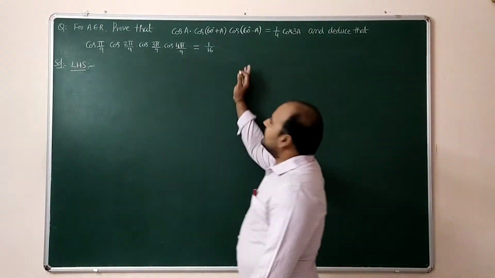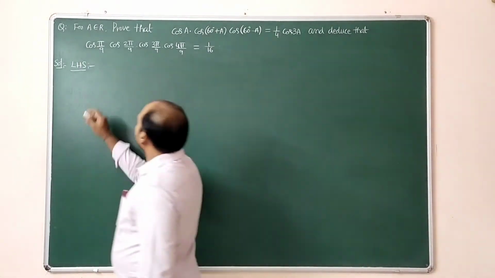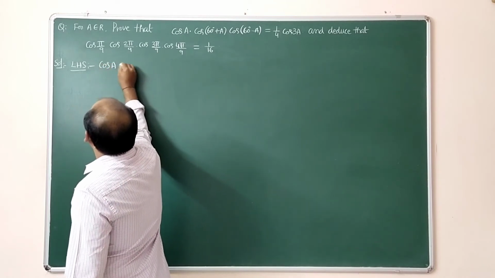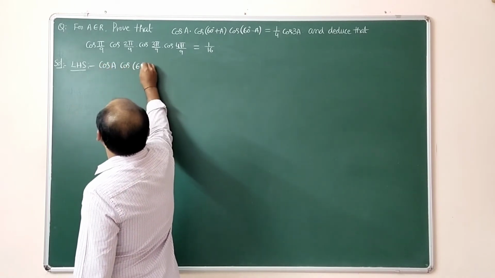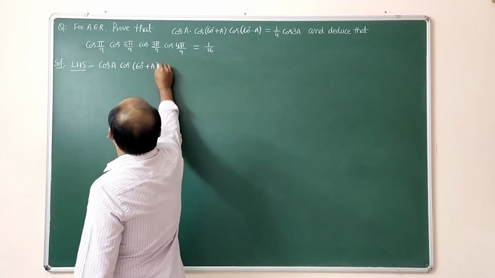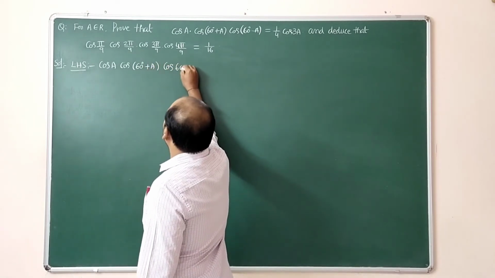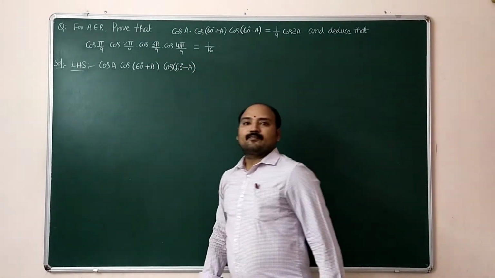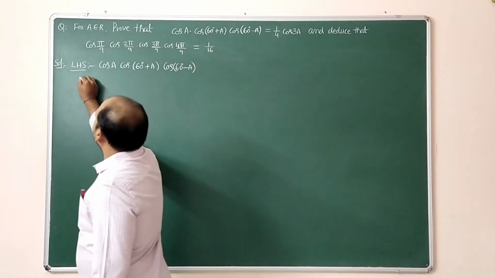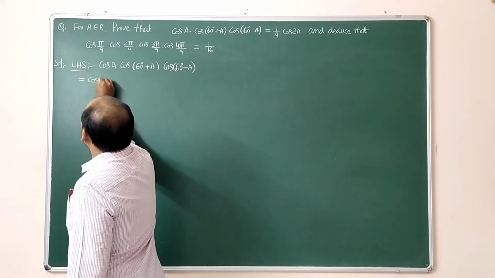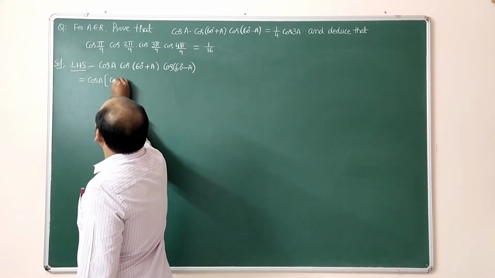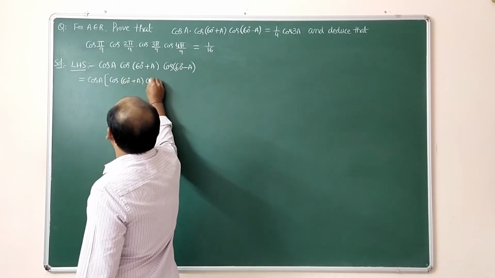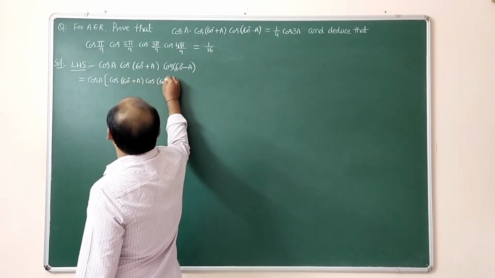Now consider LHS for the given problem. Cos A into cos(60 plus A) into cos(60 minus A).